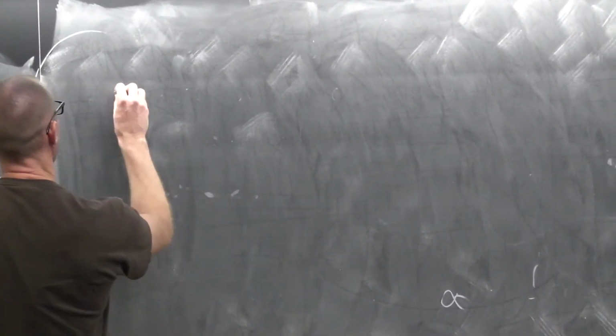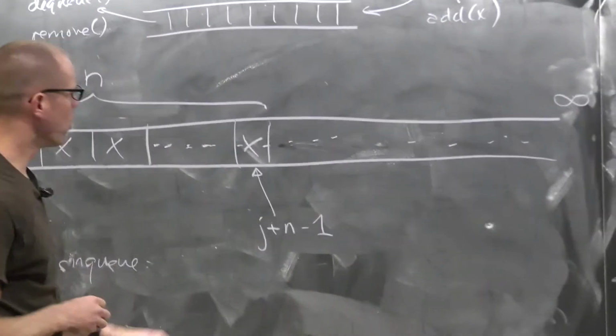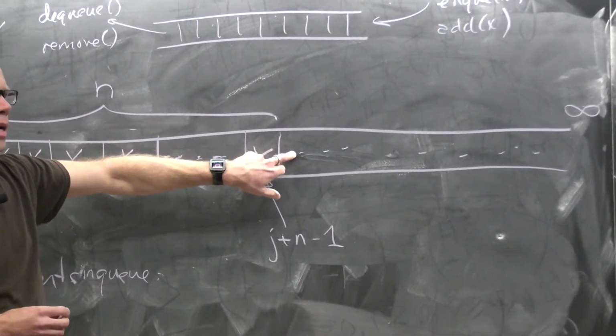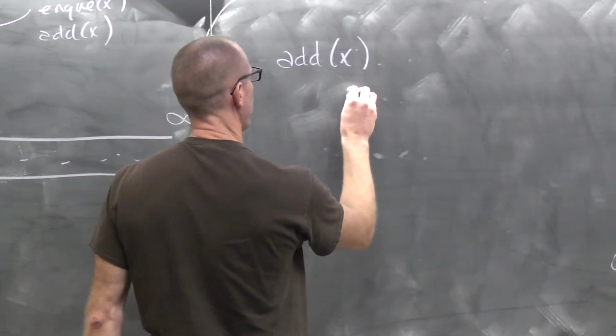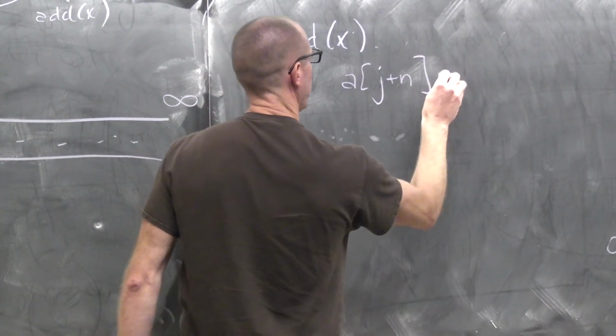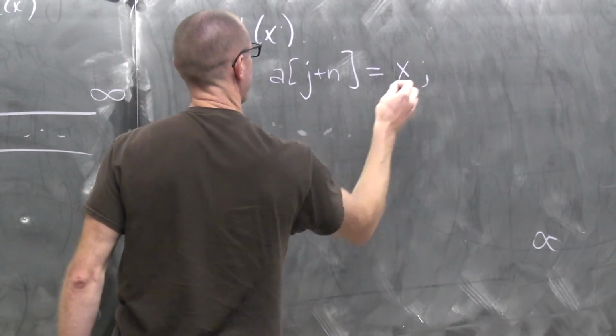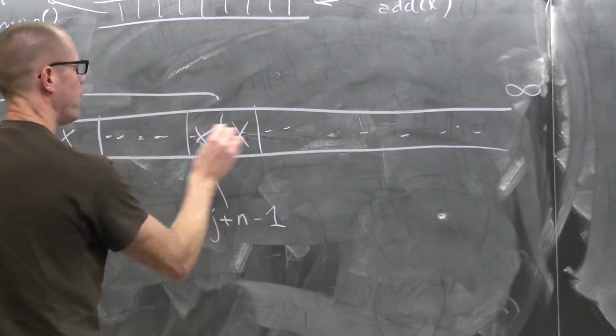So the add operation in this case is just going to write a new value x here. So we say A at J plus n equals x. So now x is written there.